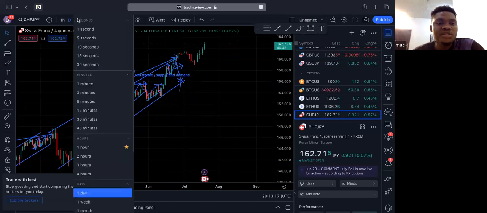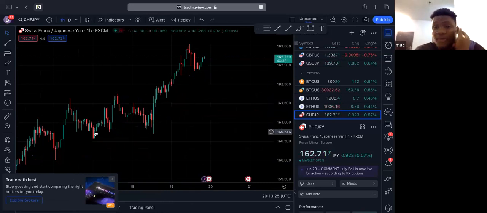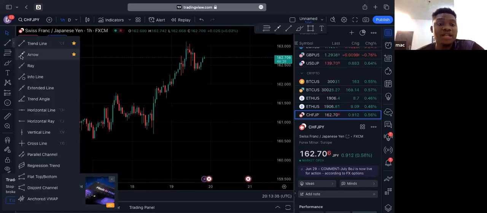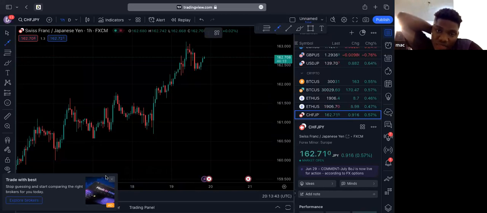So we'll be using CHFJPY as an example. Currently, I'm looking at it on a 1 hour time frame, right? First of all, whenever you want to trade, regardless of the type of strategy you want to use, what is the first thing you have to look at?